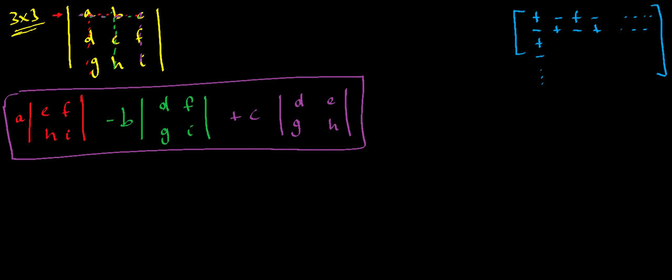Alright, let's have an example. I want to compute the determinant of the matrix 1, 2, 1, 3, 0, 4, 8, 4, 10. Let's go by rows, or actually let's go by columns.